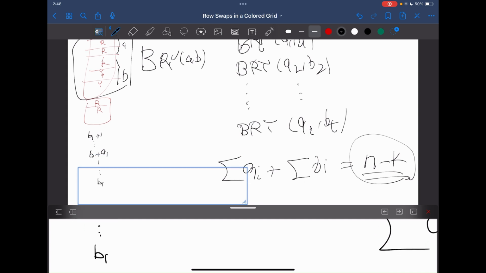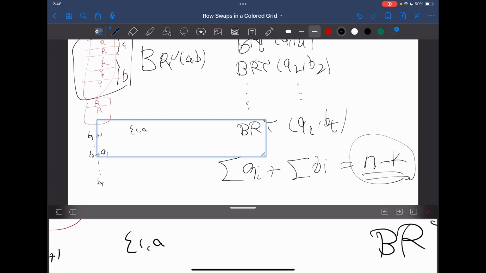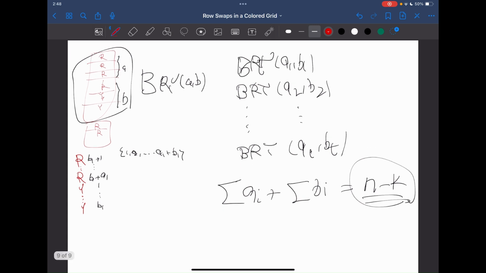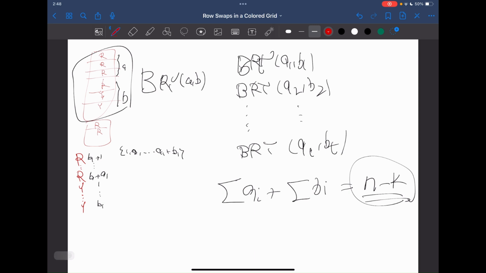Okay, I have used the values inside this set, 1, 2, till A1 plus B1, and this corresponds to R, until here, then Y, Y, right? And this basically shows that I can attain this block, and the same argument goes for the rest of them.